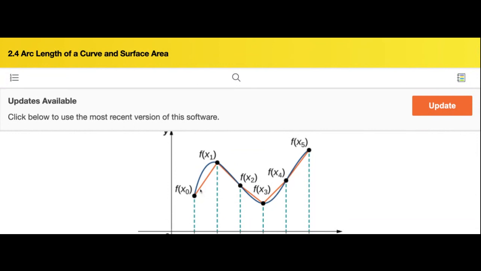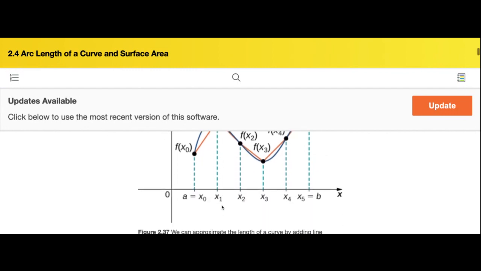In this case we separate it into 5 pieces, so n equals 5. But we could let n run to infinity. That means from x0 to x5, we cut the arc length into infinitely many pieces, and each one is approximated as the hypotenuse of a right triangle.